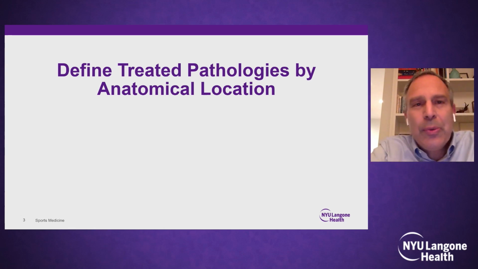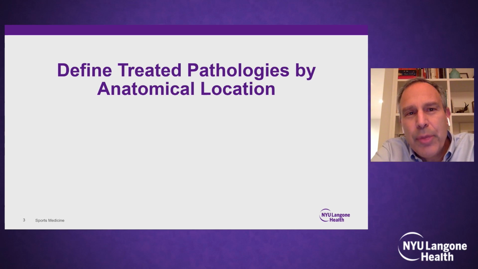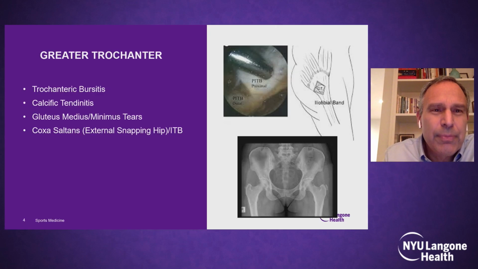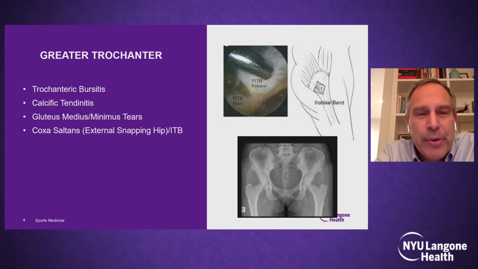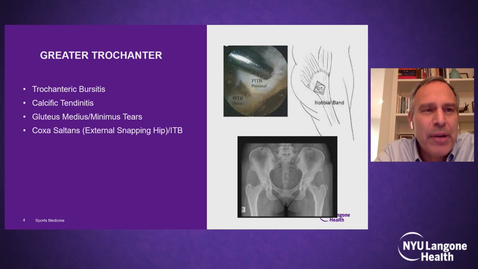I thought the best way to break this down would be to define the treated pathologies extra-articularly by specific anatomical location. Starting with the greater trochanter, think about these diagnoses that I have treated, best termed peritrochanteric: trochanteric bursitis, calcific tendinitis, which can often be seen on a plain X-ray, although with some hydroxyapatite deposits you may not see it right away, especially on an X-ray that's not as orthogonal as the MRI.